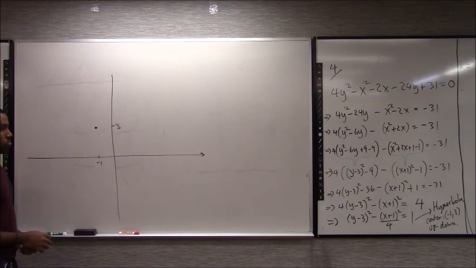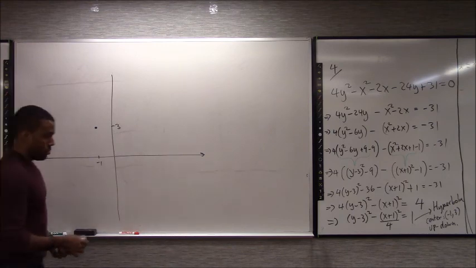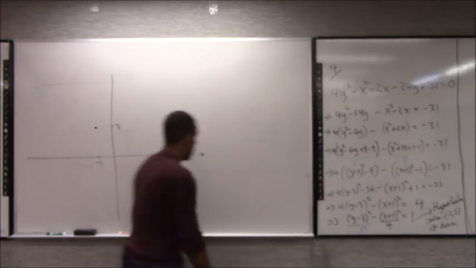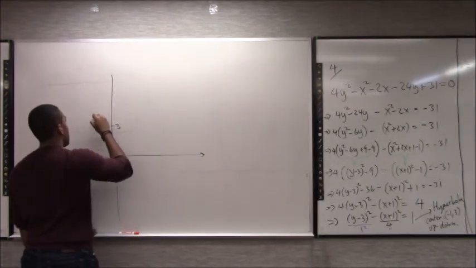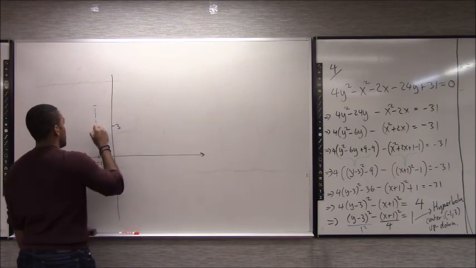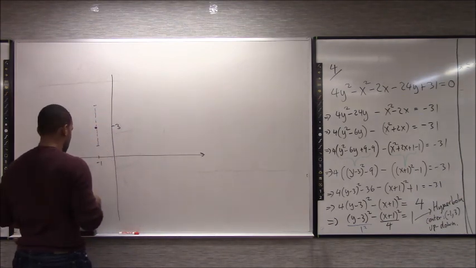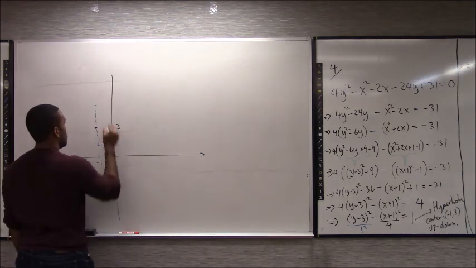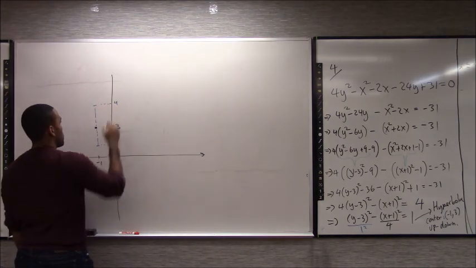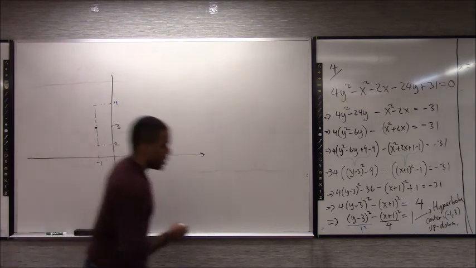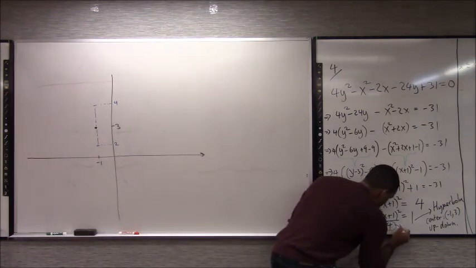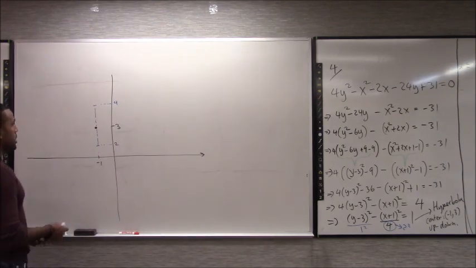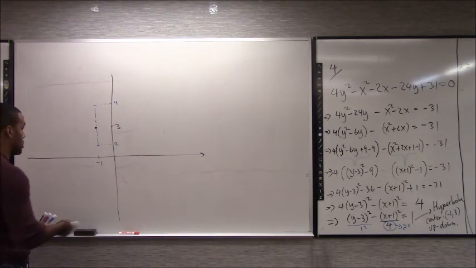Move up and down 1, since there's a 1 squared here, and left and right too. So I move up by 1, down by 1. So this would bring me over to 4, and down to 2. And our 4 here is 2 squared, so I will move left and right 2 units.